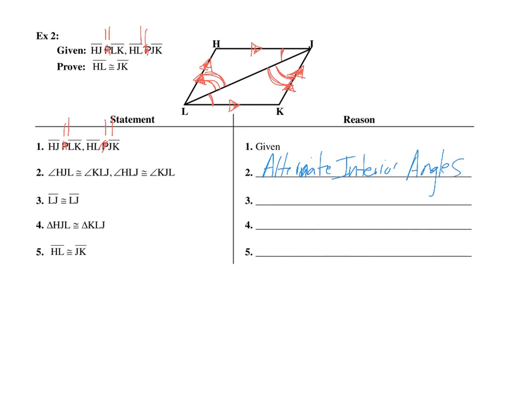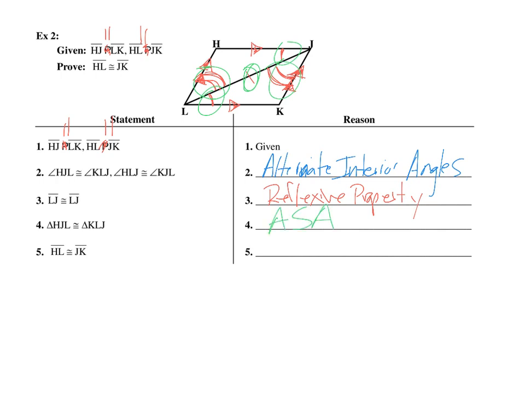Alrighty, and then LJ is congruent to LJ. That's reflexive property. And then triangle HJL is congruent to triangle KLJ. By what reason? ASA.